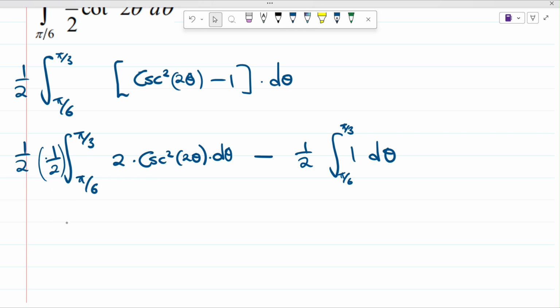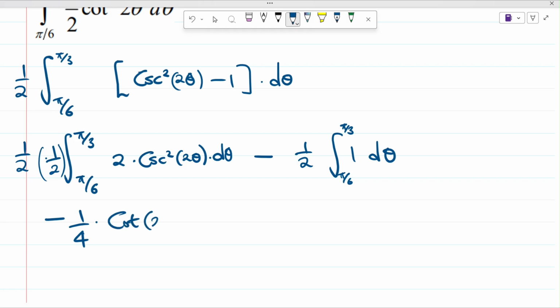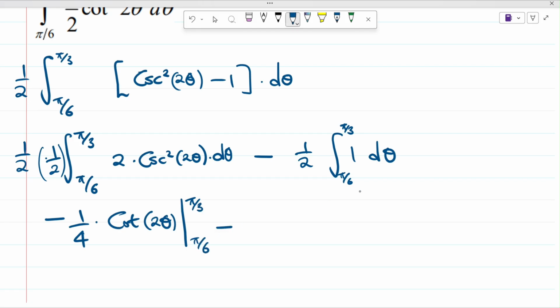So it's going to be this 1 over 4 from the outside, negative 1 over 4 cot of 2 theta there, and then I can just put the limits here. So it's going to be pi over 6 to pi over 3, minus the integral of 1.